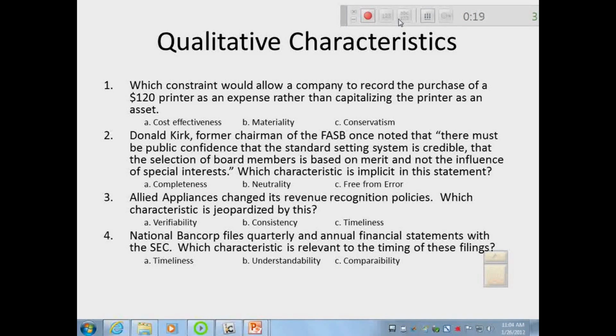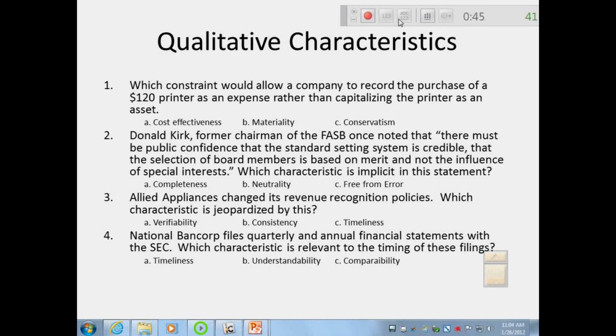So he's talking about how the FASB board members should be chosen, based on merit, not the influence of special interests. So what is he trying to say? That if you choose people based on merit, not special interests, they will write standards which are more likely to be complete, neutral, or free from error?